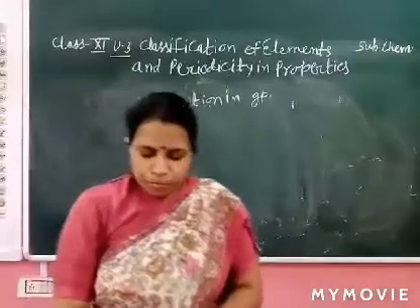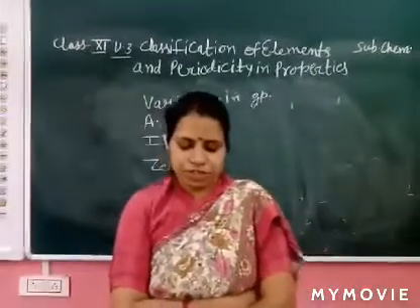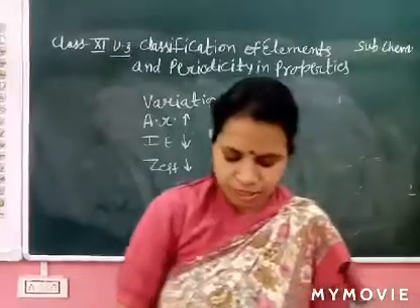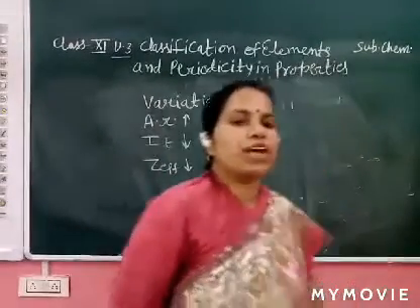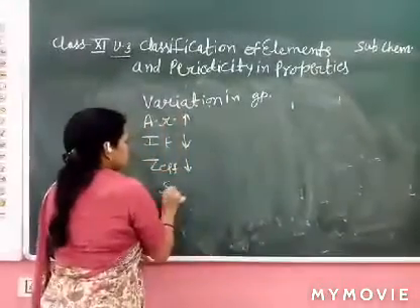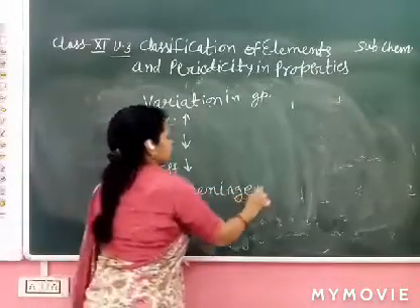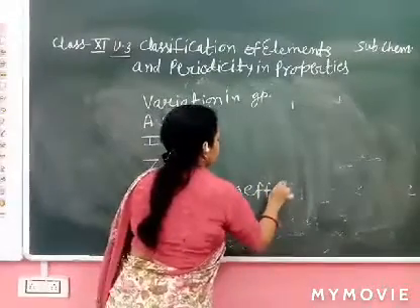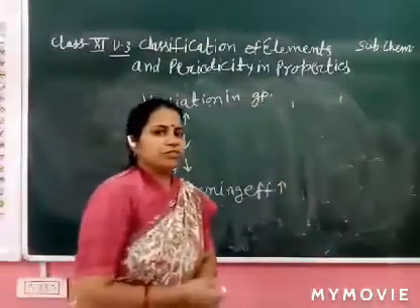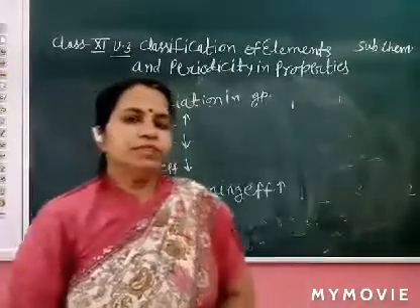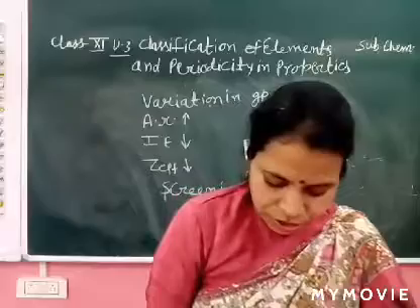So in a group, from top to bottom, ionization enthalpy is decreased due to the increase in atomic size and also the increase in screening effect. So ionization enthalpy decreases, atomic radii is increased.